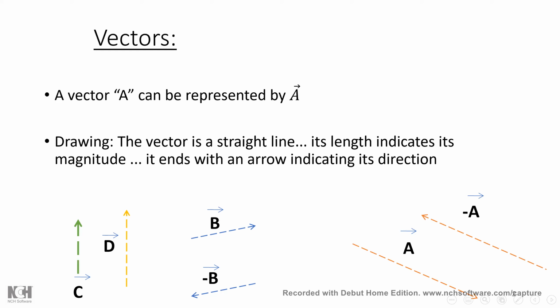We need to draw vectors in our problems. So how do we represent or draw a vector? The vector is a straight line. Its length indicates its magnitude, and it ends with an arrow that indicates its direction. For example, we have this vector A, starting from here to here.